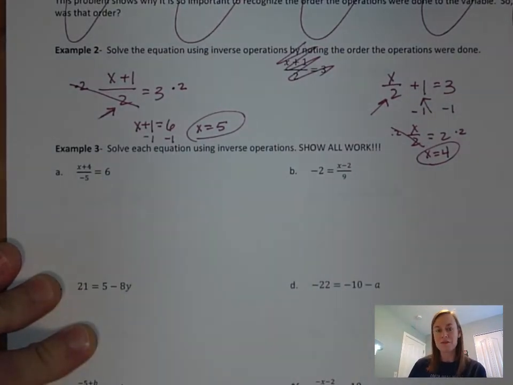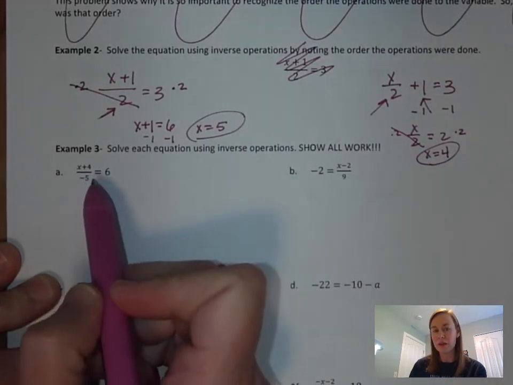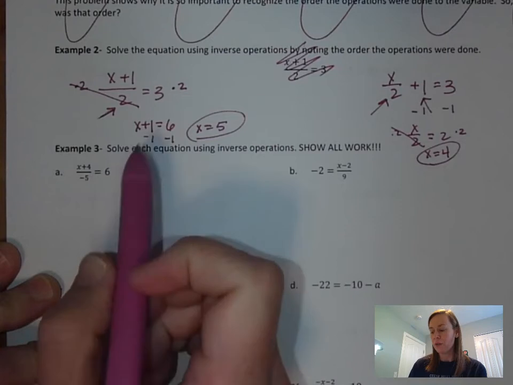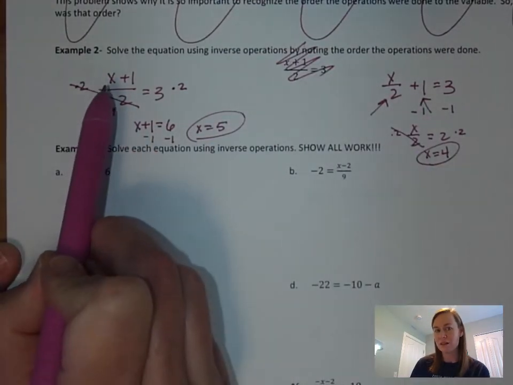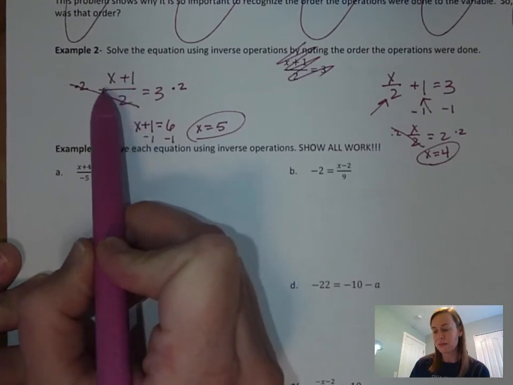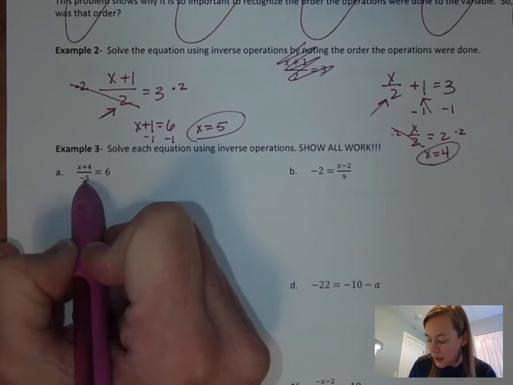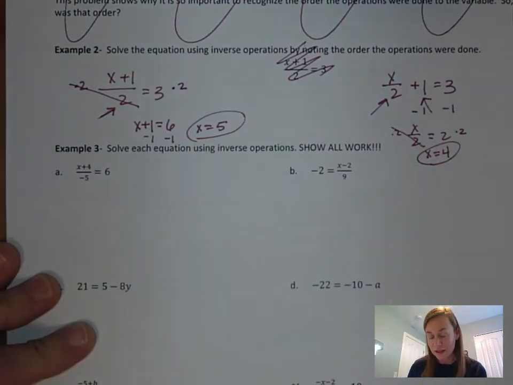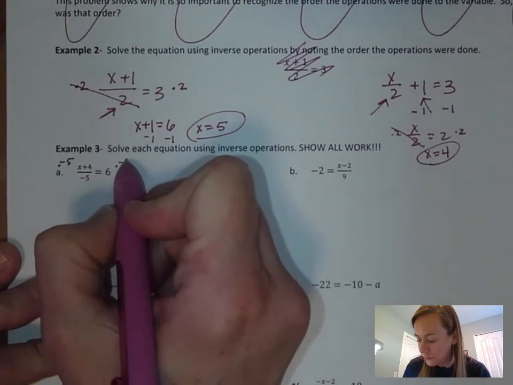What are we going to get rid of first? Do we get rid of the 4 first, or do we get rid of the negative 5 first? Well, which one of these problems does it look like? It looks like this one, because you have x plus something all up on top of the fraction. That means the negative 5 needs to go bye-bye first. So we're going to multiply through by negative 5 on both sides.